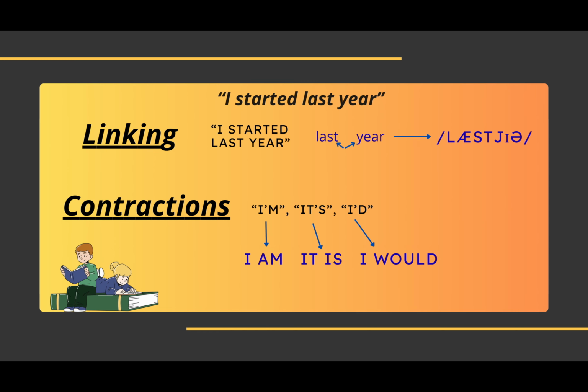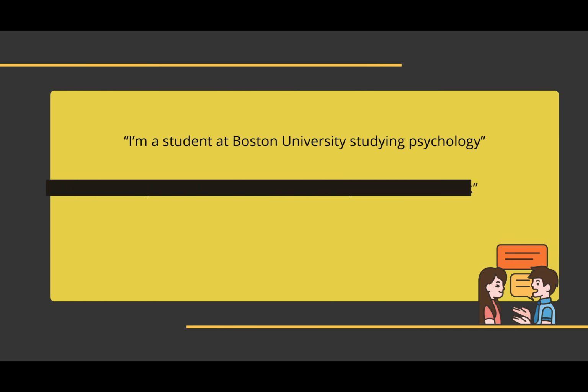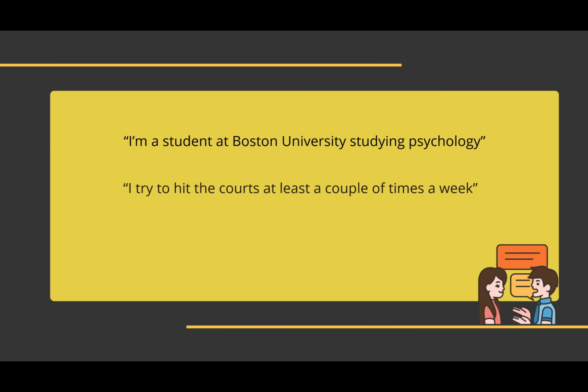Now, continuing with syntax, in the three different dialogues, all the people use grammatically correct sentences. For example, "I am a student at Boston University studying psychology." "I try to hit the courts at least a couple of times a week." "I've started a little garden. It's a nice hobby."